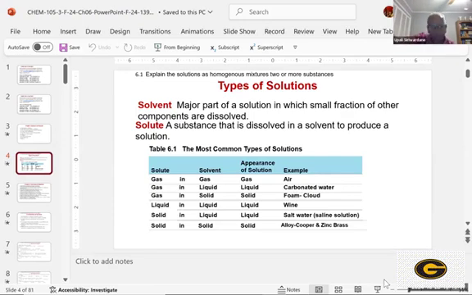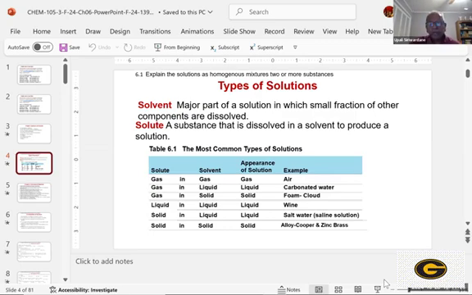Solution doesn't mean it's a liquid. Aqueous solution, water, is a liquid solution of water. It's called aqueous solution. Solution doesn't mean liquid in the broader sense.